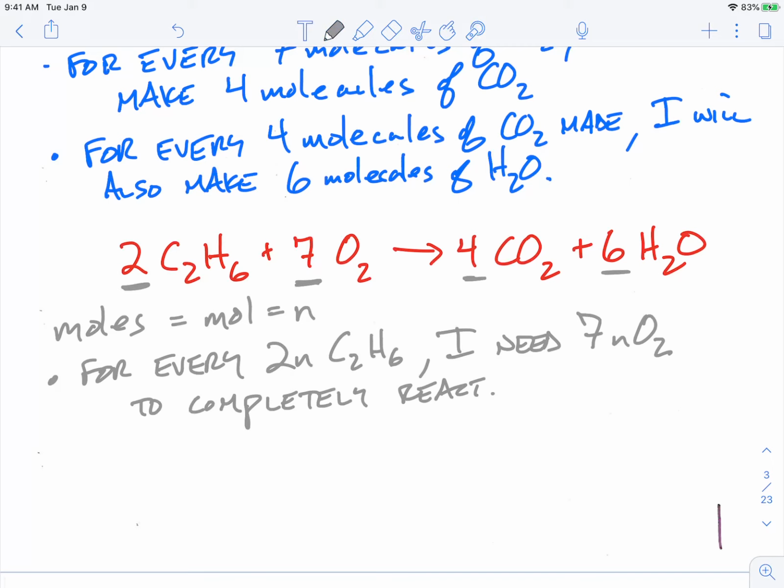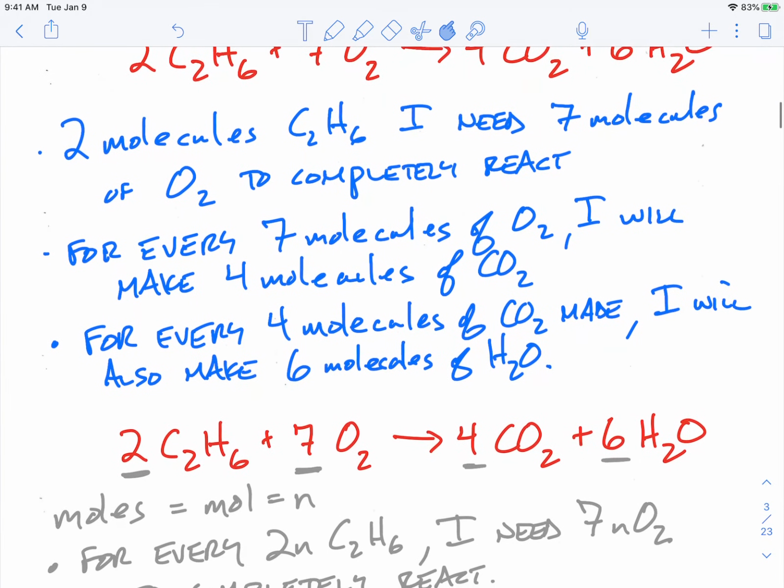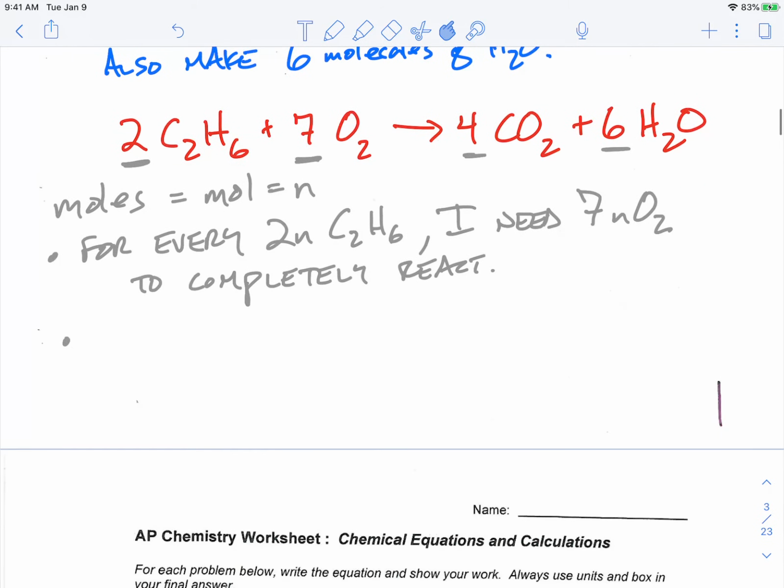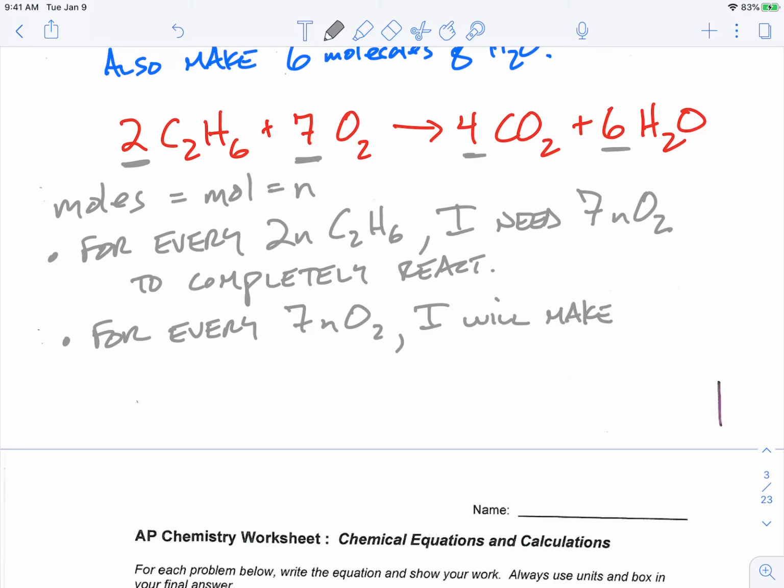So let's do something very similar. In the previous part, the second one, we talked about oxygen compared to CO2. So let's do that again. I could say something like, for every 7 moles of O2, I will make 4 moles of CO2.